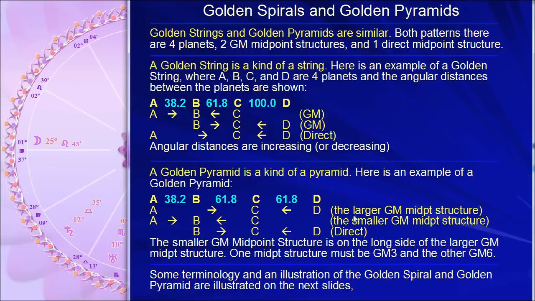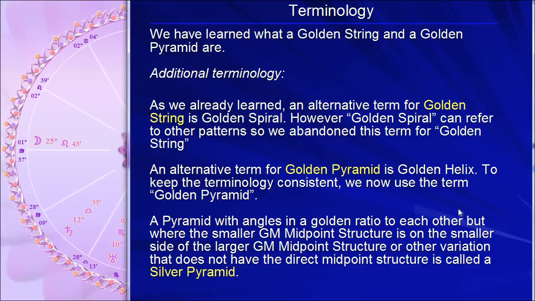And what's special about it is, out of the 4 planets, you have 2 golden mean midpoint structures and a direct midpoint structure. You'll have C at the midpoint of B and D. So that's it. The golden string and golden pyramid, very, very similar patterns. They're different, but they're similar in that they both involve 4 planets. They both have 2 golden mean midpoint structures, and they both have 1 direct midpoint structure.